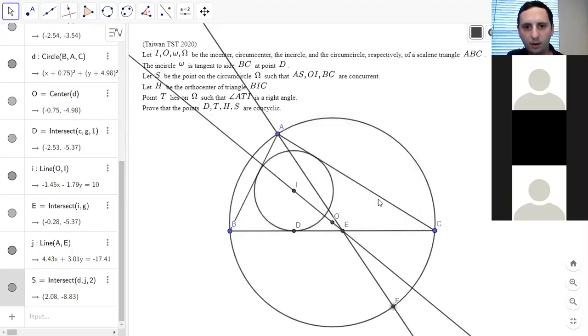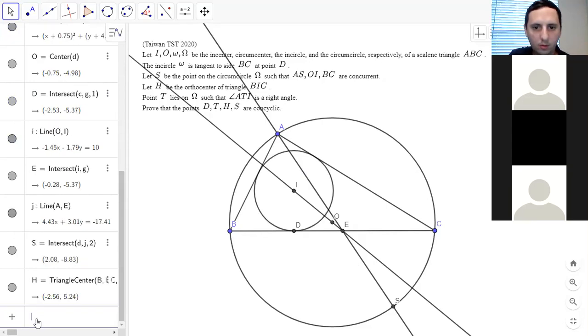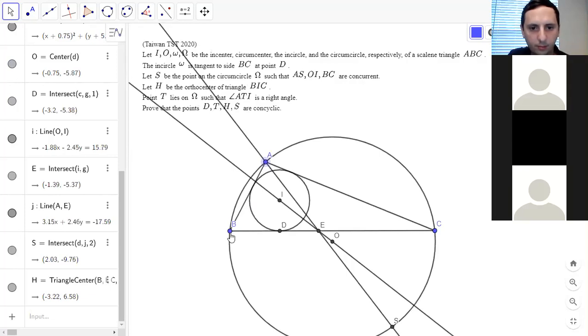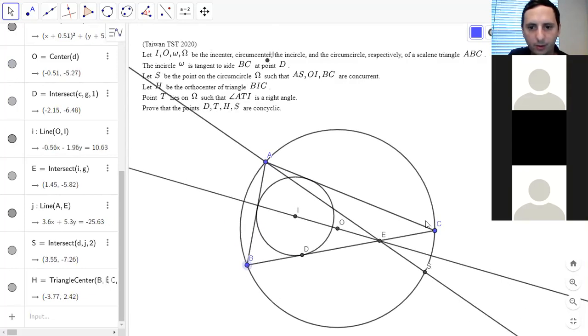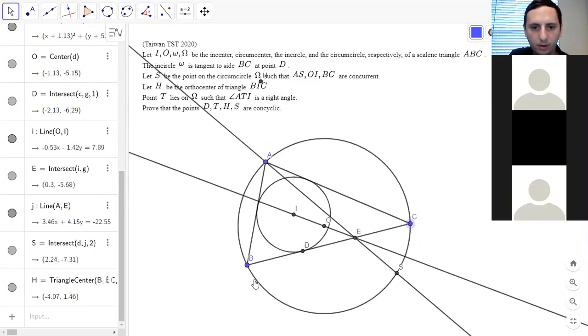And then H is the orthocenter of BIC. I feel like I've done something before with the orthocenter of BIC. Where is that? It must be off the diagram. Whoa, H is all the way up there. I didn't expect that.